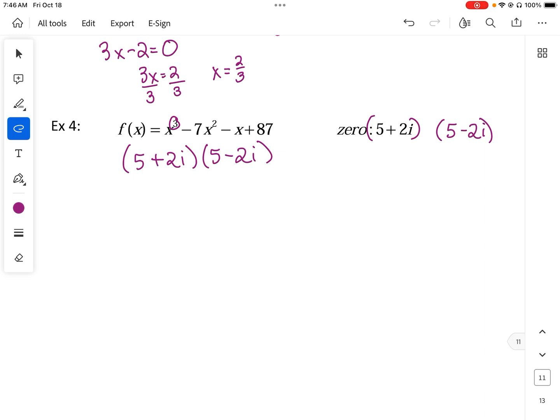So we have, oh, I didn't write this correctly. So let me erase that. This should be x minus that, right? And then x plus the zero, because the other zero is the minus. There we go. So let's see.